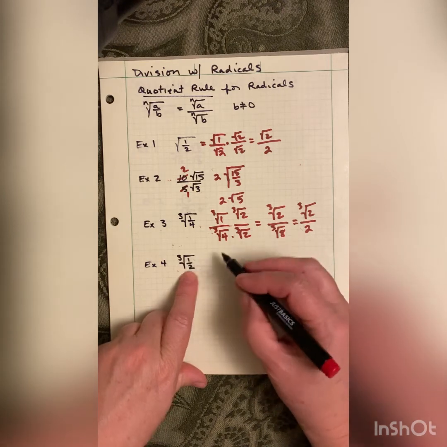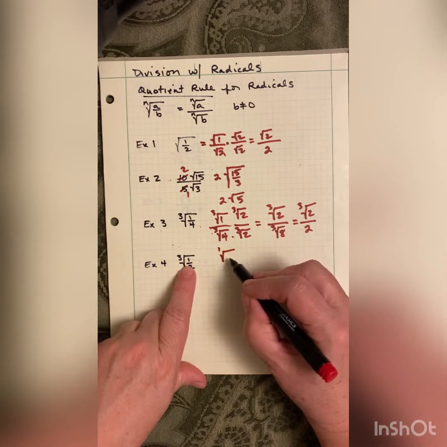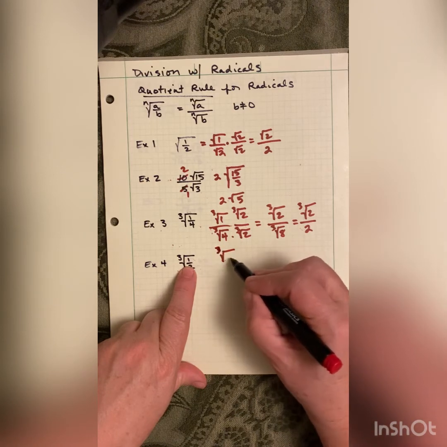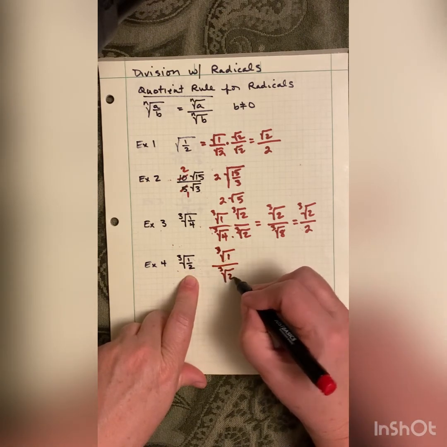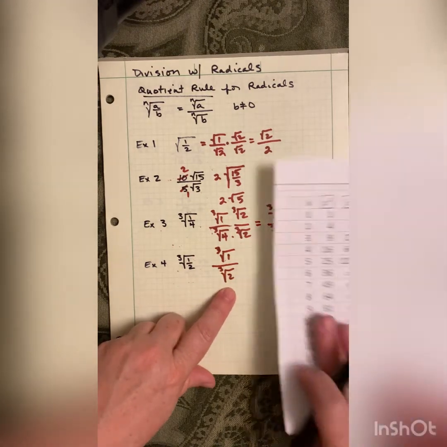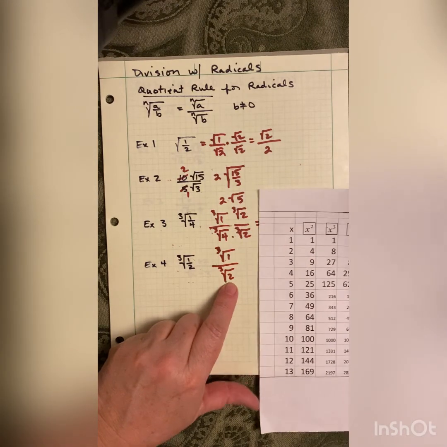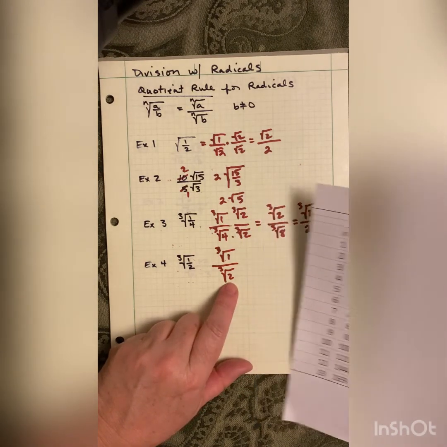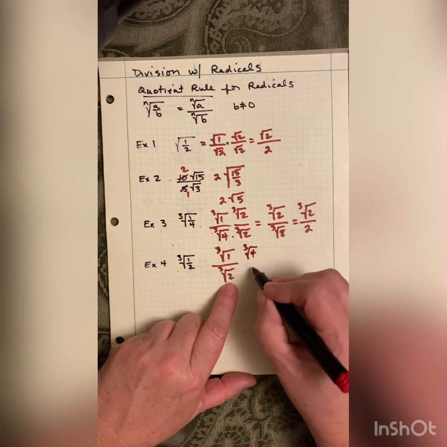Breaking a rule, can't have that. So I've got a cube root of 1 up here and a cube root of 2 down here. I want to make a perfect cube using the 2, and 8 is going to work again. So to get that 2 up to an 8, I need to multiply by cube root of 4.